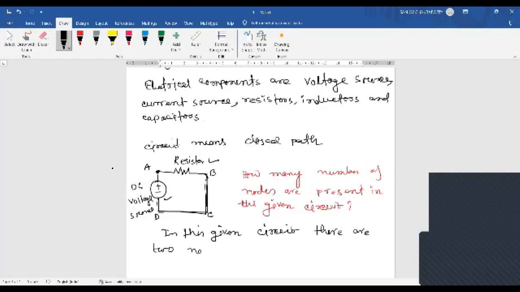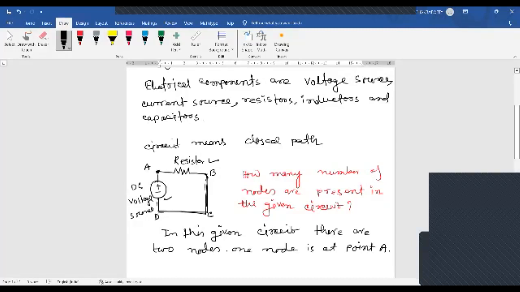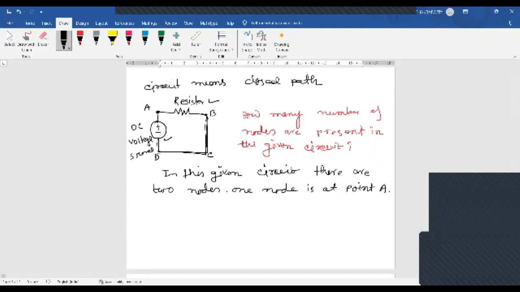One node is at point A, and the second node is B.